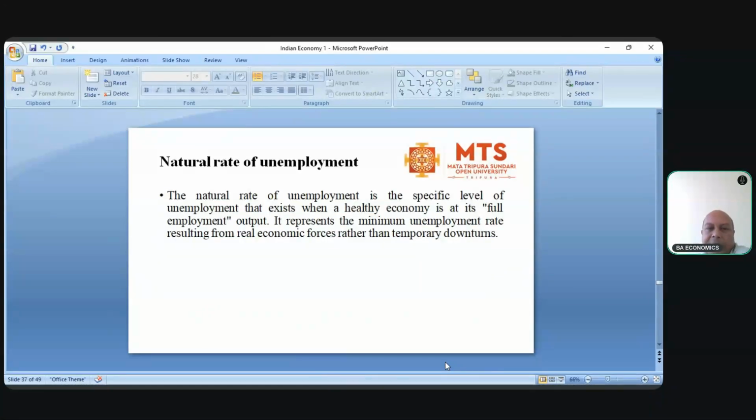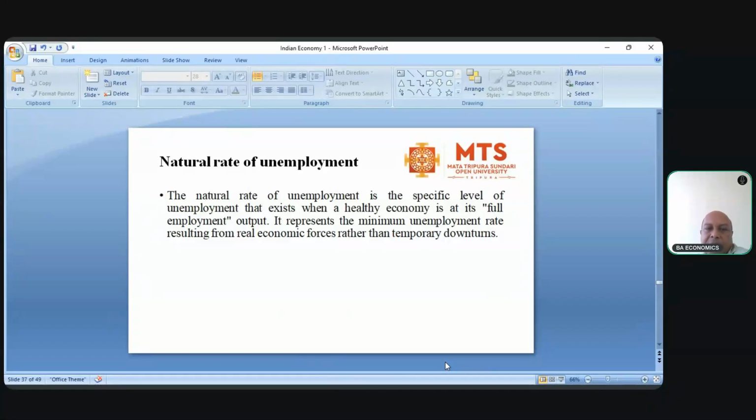Next, the natural rate of unemployment. The natural rate of unemployment basically indicates the minimum unemployment that exists during the full employment scenario in the economy. If in any country the unemployment rate is 3 to 4%, then it is known as the natural rate of unemployment, the minimum rate of unemployment.